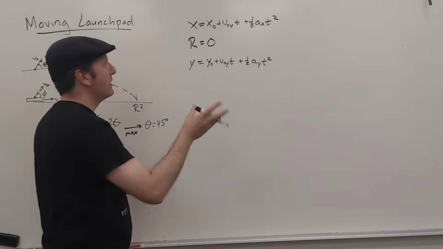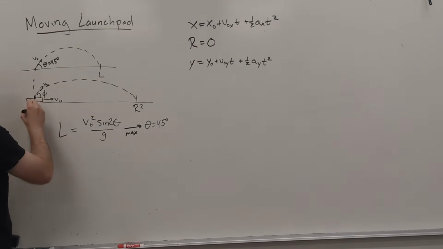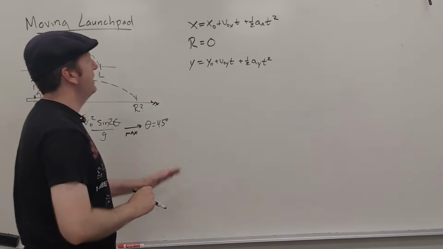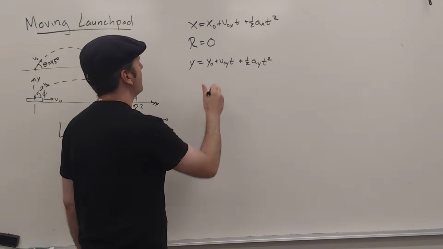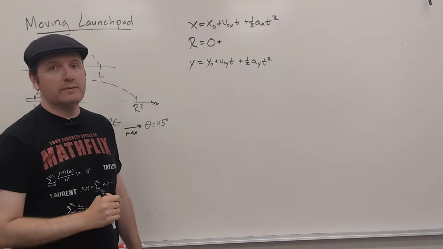We're going to start our coordinates and our clocks and everything right at t equals 0. So this is a y direction and this is an x direction. And it starts at x naught and y naught both equal 0. This piece is what's a little different than normal.